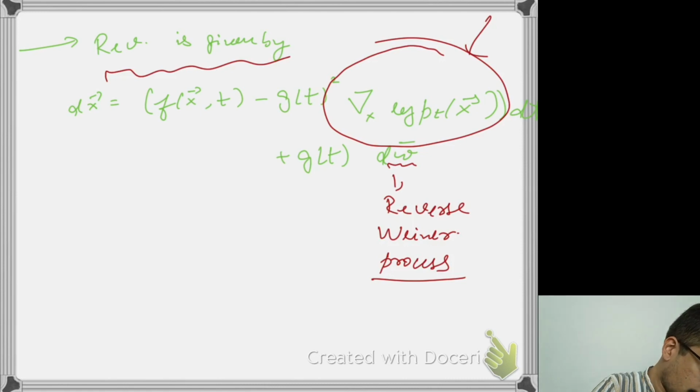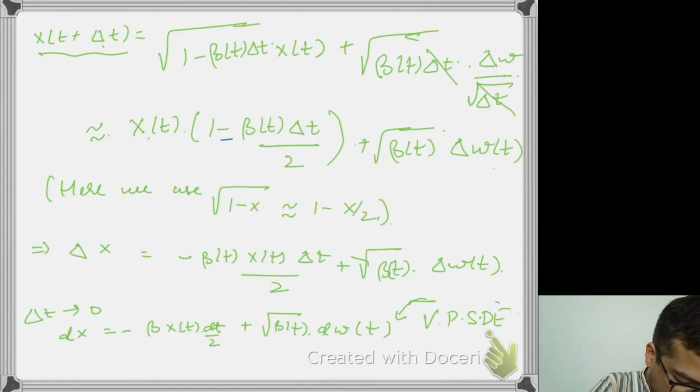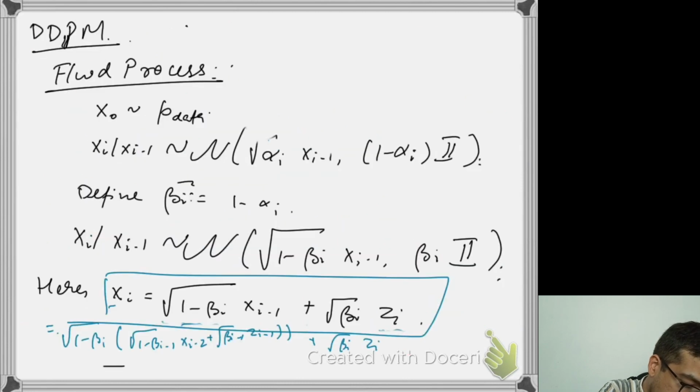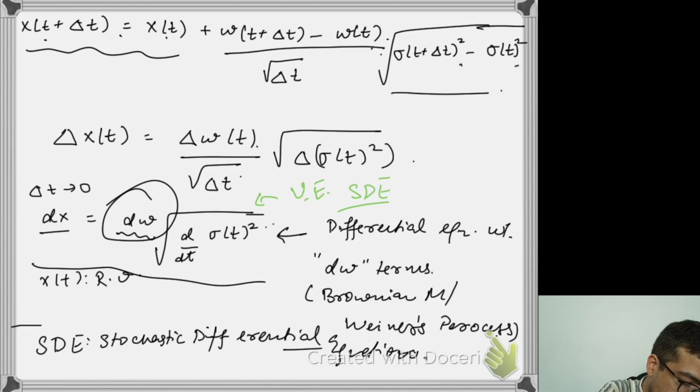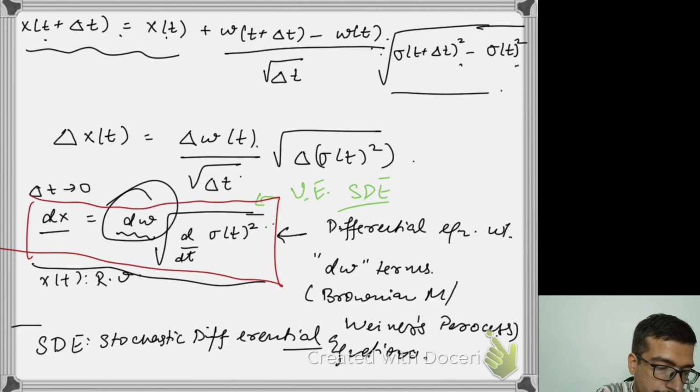So note that the two differential equations which we have seen as continuous approximations to DDPM or noisy conditional score networks, none of these contained the score functions at all, right? Here what we had was dx is minus beta x dt by 2 plus root beta t dw t. This didn't have a score function. If you go back and look at the SDE for noisy conditional score networks, this did not have anything about the score function.